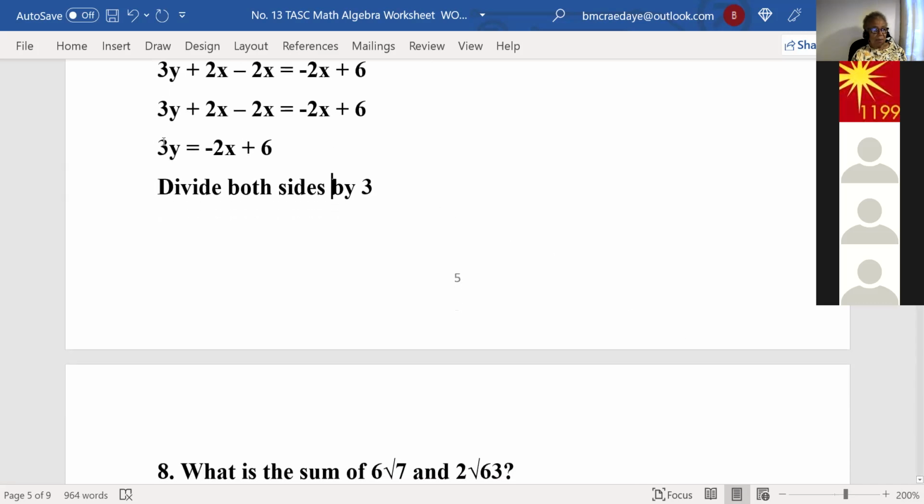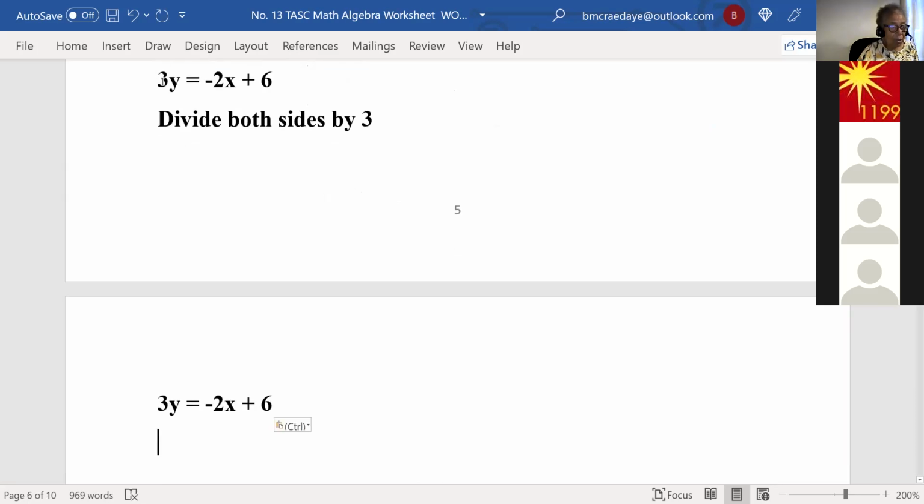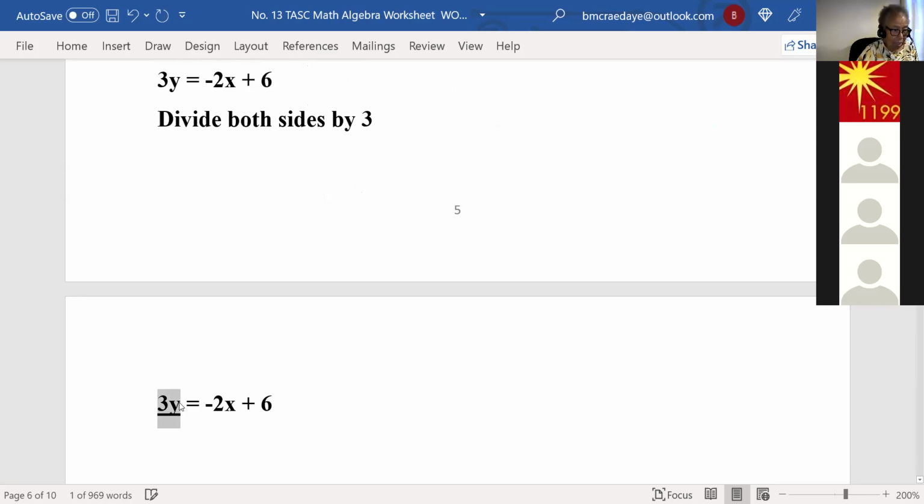So if we divide both sides by 3, let's put our 3 division on both sides. We divide everything on the right by 3.